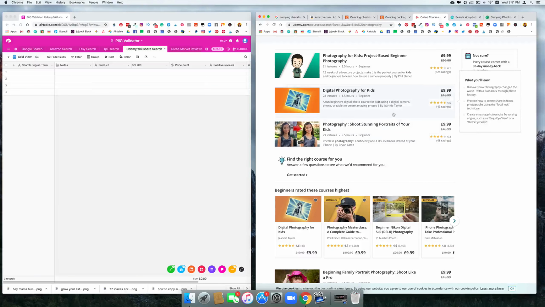So there's two angles that you could go at. You could be doing a course for the kids so the kids can learn to take photographs, or you could do a course for parents to take photographs of their kids. And you could even niche down even more, and it could be iPhone moms taking photos of their kids.